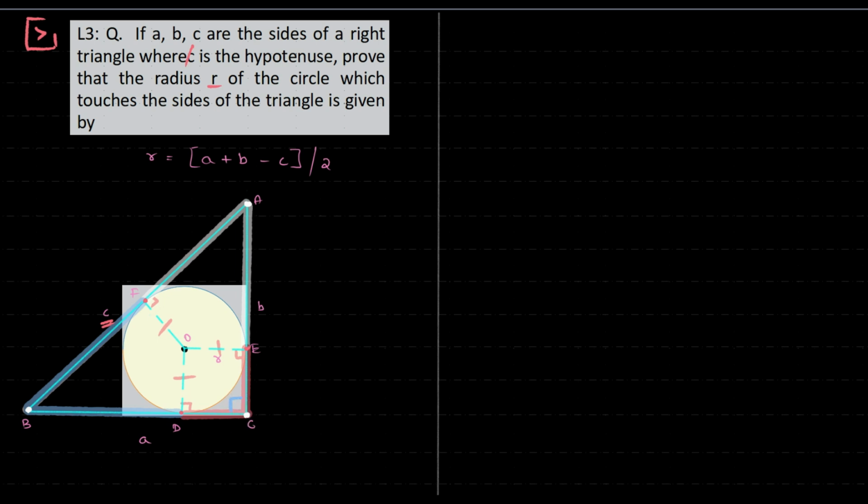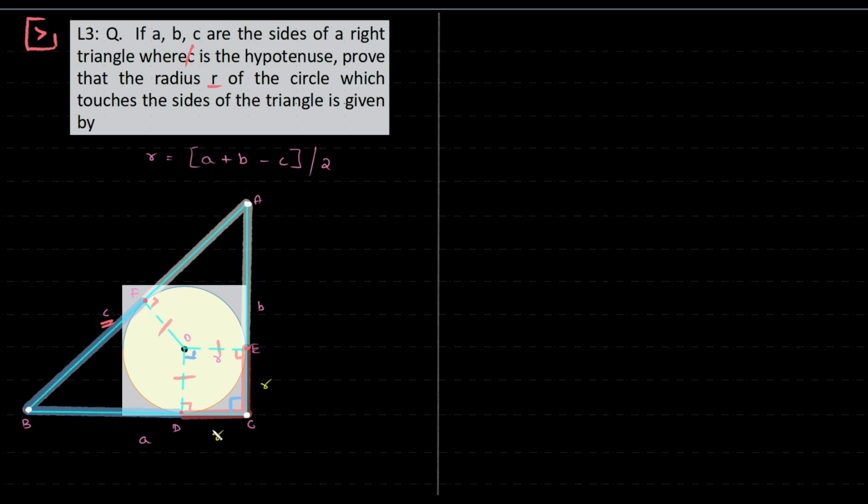Now, how can we go about doing this? Well, the very first thing is that we have three 90 degrees in a quadrilateral and the adjacent sides are equal. So this is a square, so all the sides are equal to R. So we have this to be R and this to be R. So using this fact, we have to continue.